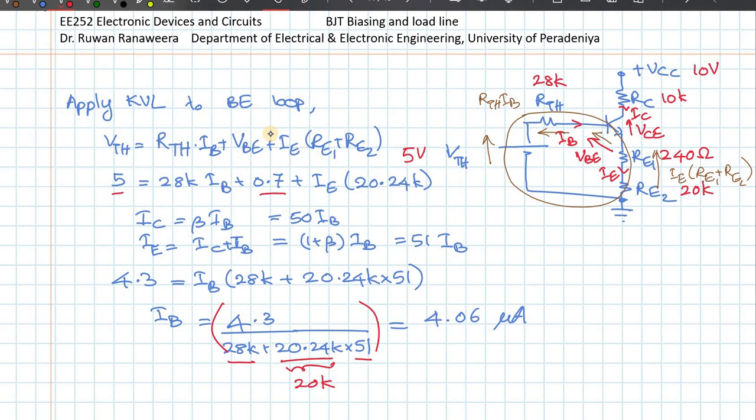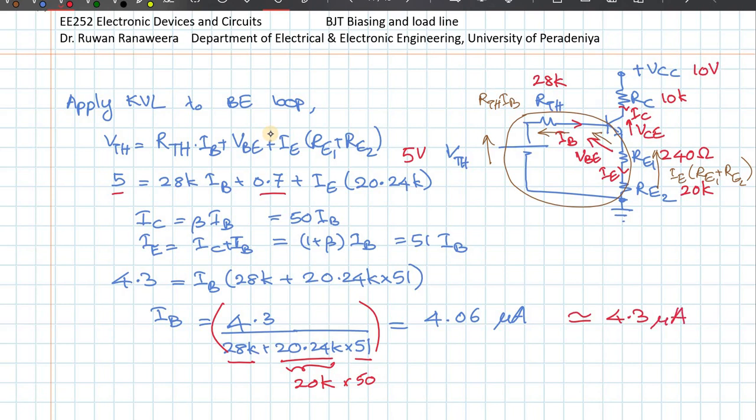For 51 also, 50 and 51 is just a 2% difference, so you can consider this as 50 also, right? So 50 times 20K is like 1000K. Compared to 1000K, 28K is a very small value, less than 3%. So for the first approximation, this is approximately equal to 4.3 microamperes.